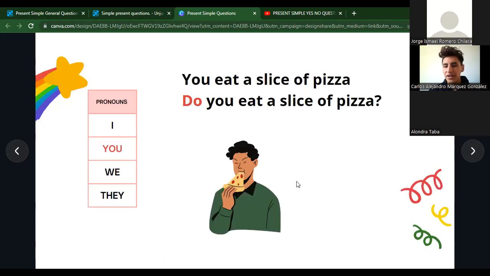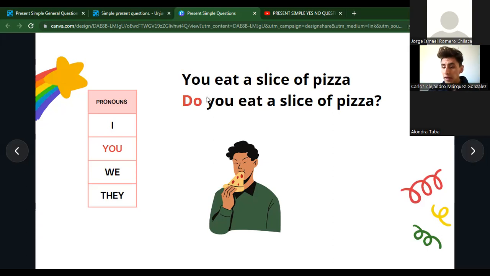Here we have another example. You eat a slice of pizza. Tú comes una rebanada de pizza. And the second one is a question. Remember, do you eat a slice of pizza? ¿Comes una rebanada de pizza? If you notice, it's basically the same, a question and an affirmative sentence.